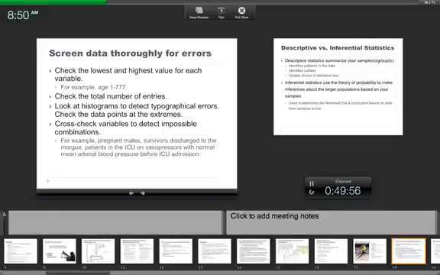That's not possible. So for some of the variables, you can cross-check and see if there are sub-combinations that are not possible.